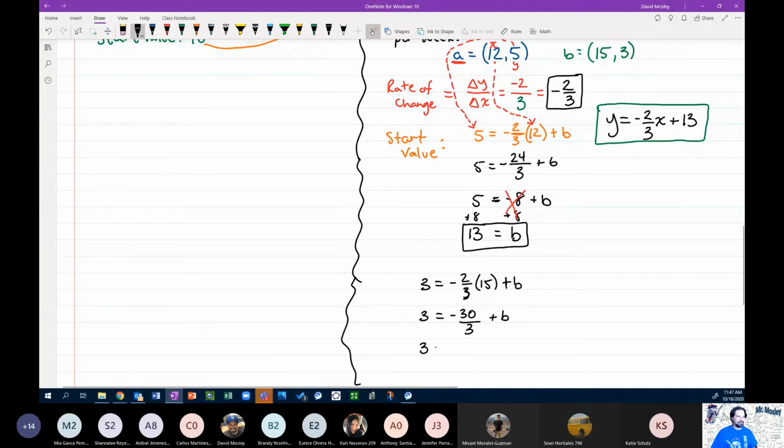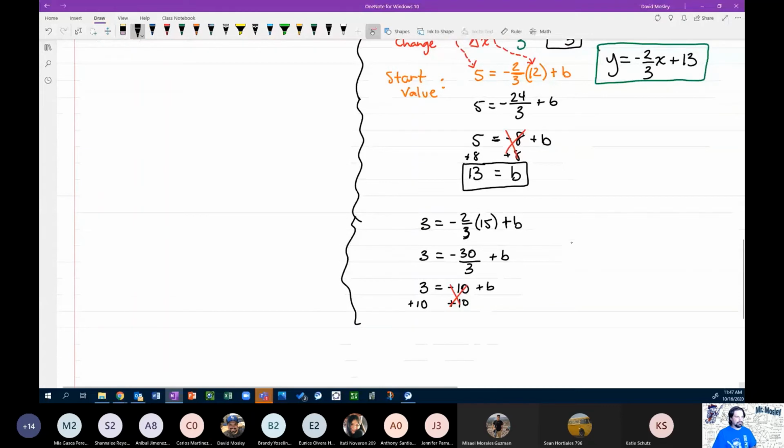So 3 equals negative 10 plus b. Add 10 to both sides, and 13 equals b.